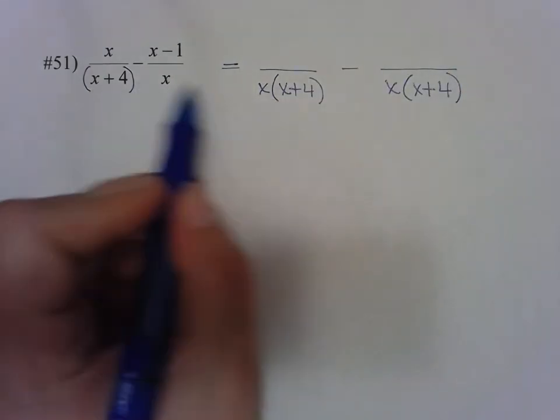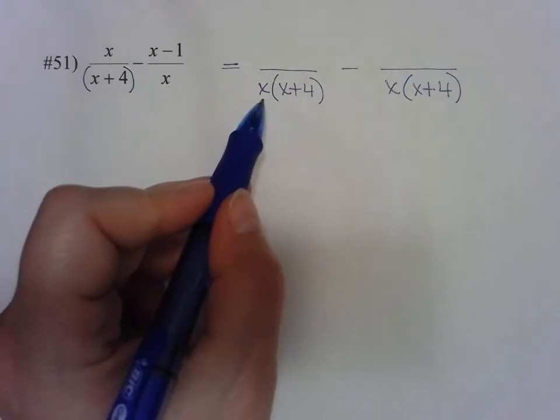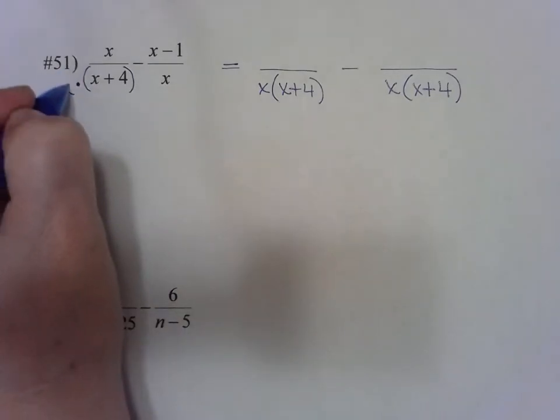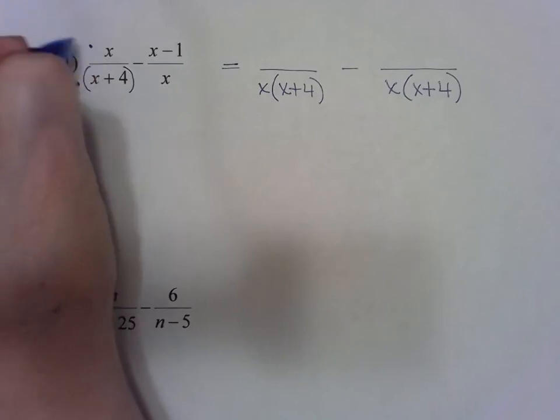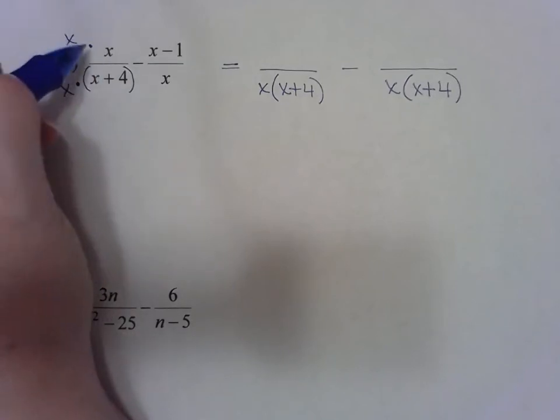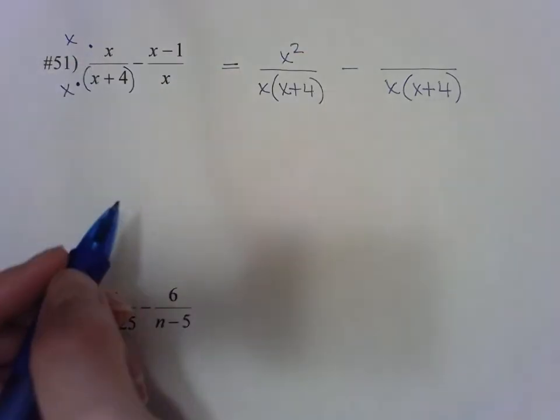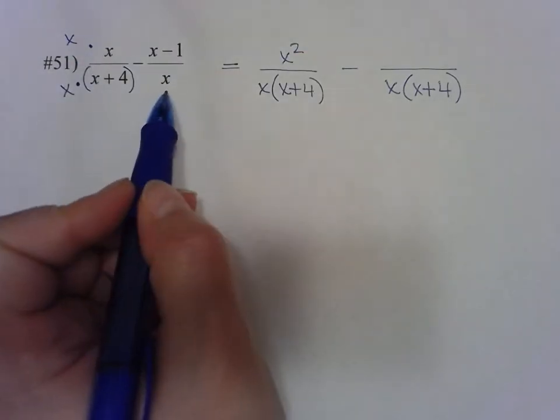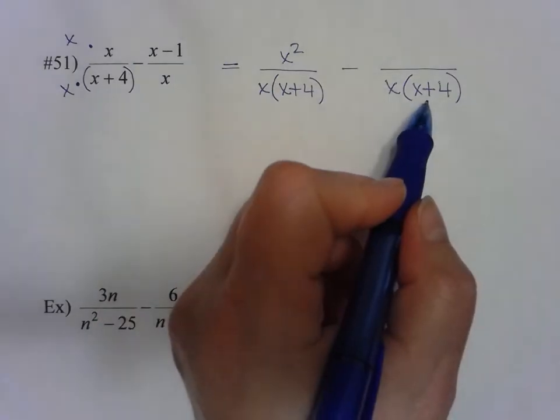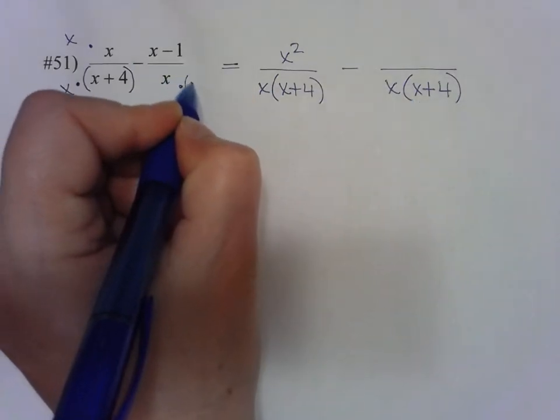So to rewrite the first fraction, I need to multiply by this x. Anything I do to the bottom, I have to also do to the top. So x times x is going to give me x squared. For the second fraction, I need to multiply the bottom by x plus 4.